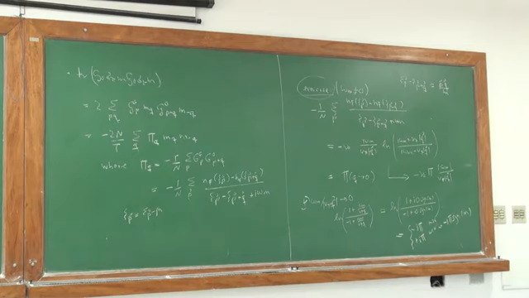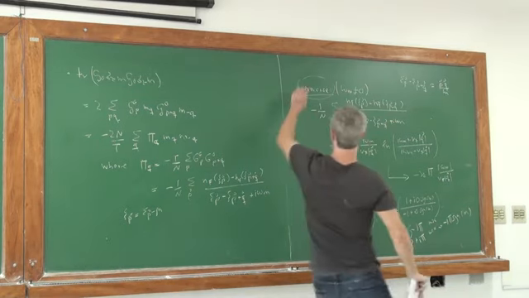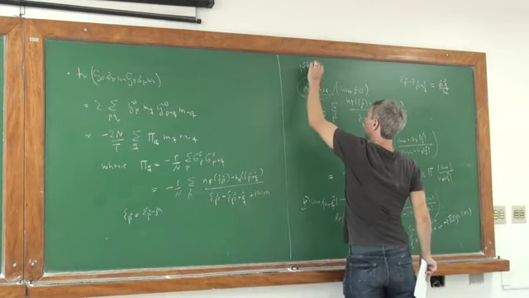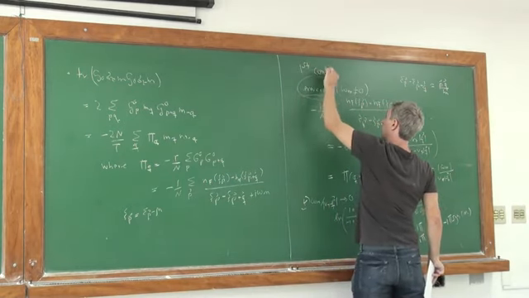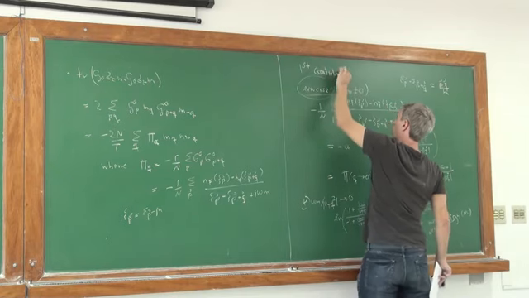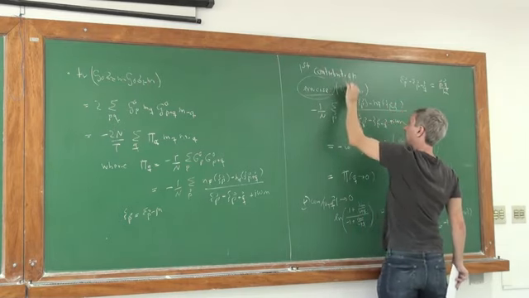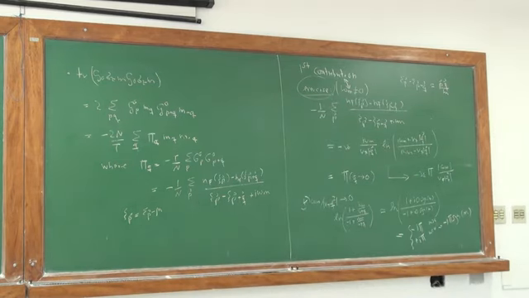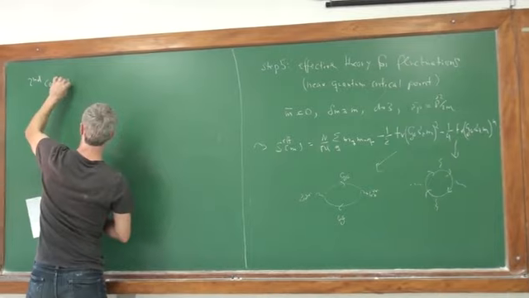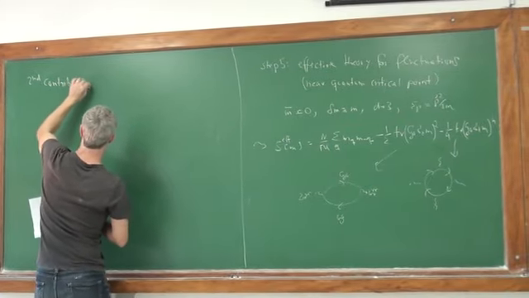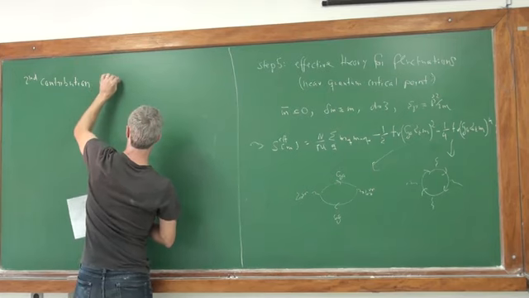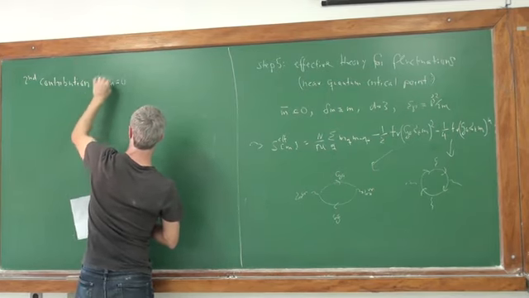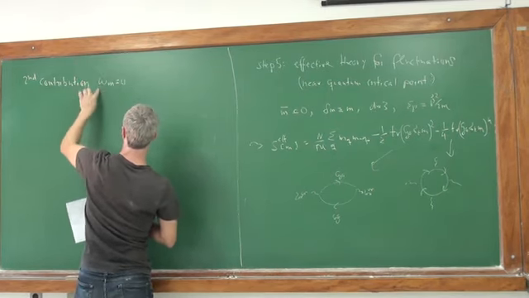So this is, let's say, the first contribution where omega n is not equal to 0. Now let's look at the second contribution, where this is 0 and Q is small but finite.